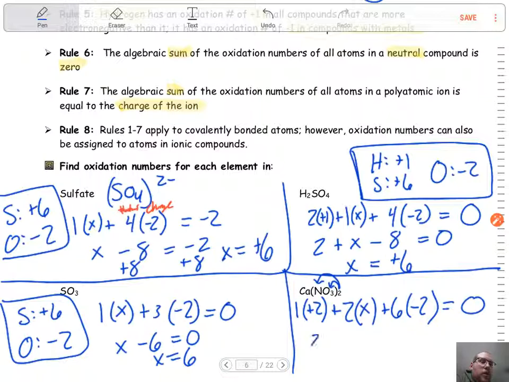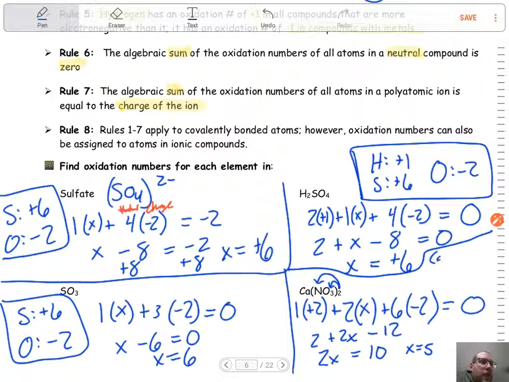So do the math. 2 plus 2x minus 12. So that's going to be 2x equals 10. X would then equal 5. So if I'm going to write this out, I'm going to erase this just to give me some more room to write it. Ca +2, nitrogen +5, oxygen -2.